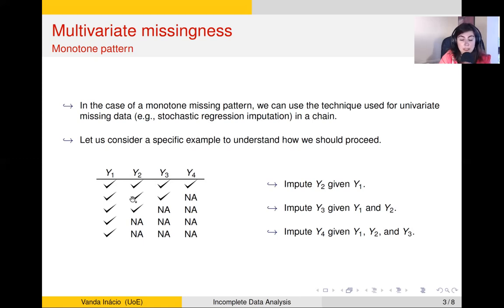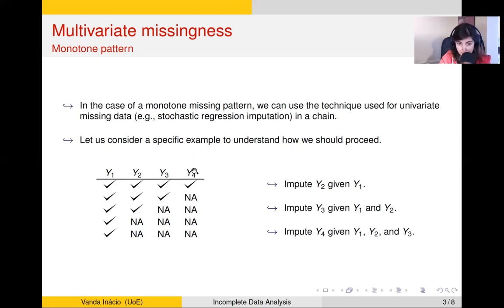For stochastic regression imputation, when imputing y2 using y1, y2 is my response and y1 is my covariate.